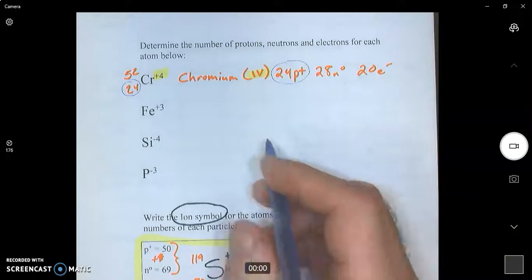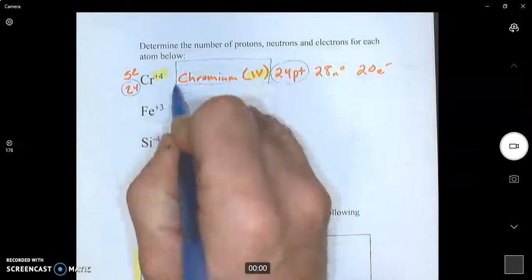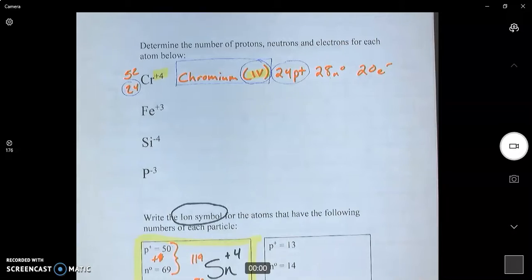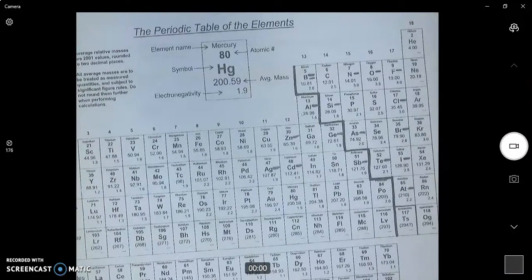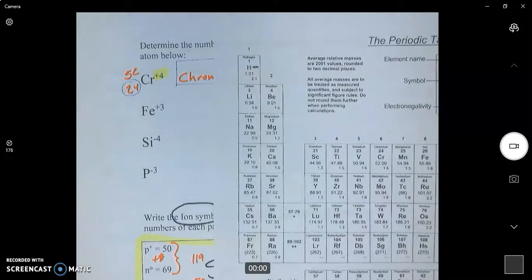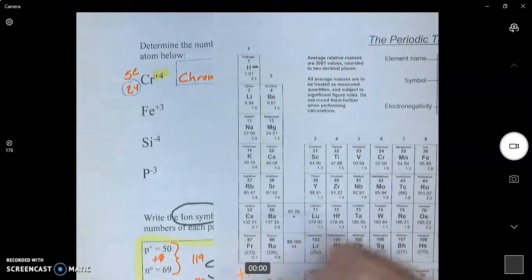Now, because of where chromium is on the periodic table, you'll see at times Roman numerals added in to names. Okay? So anything that is in group 1 of the periodic table, in group 2 of the periodic table, this whole column here, is always +1.